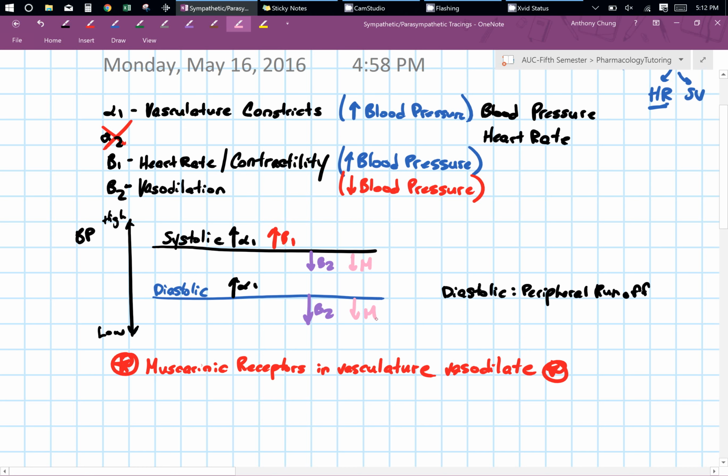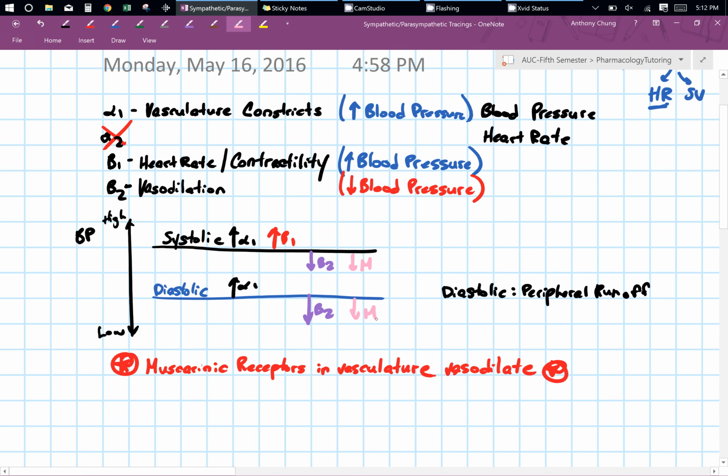For some odd reason, no one knows why, there are muscarinic receptors on your vasculature, and that's going to make you vasodilate. Very important for these tracings, because they're going to ask something like that. Just make sure that you know that acetylcholine doesn't exist in the vasculature, but it does vasodilate if you put it in there.